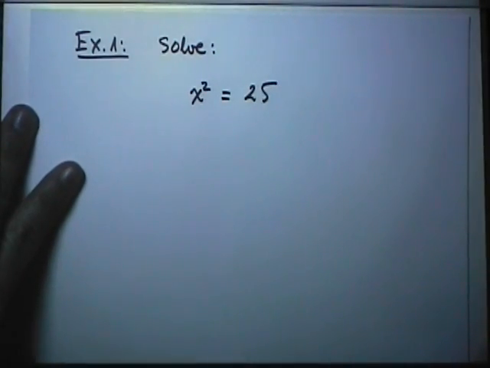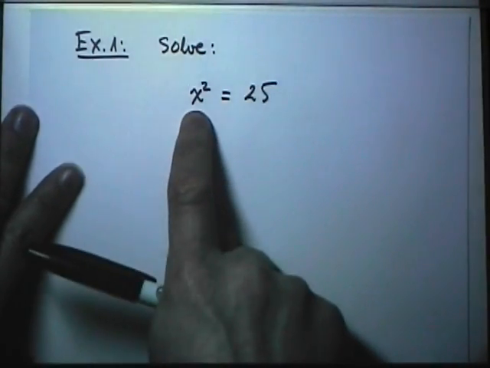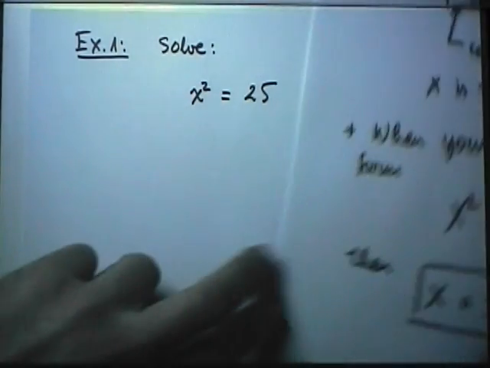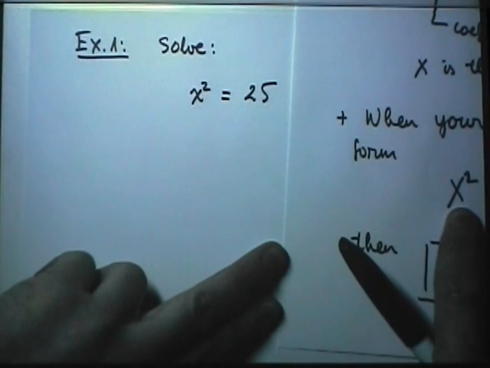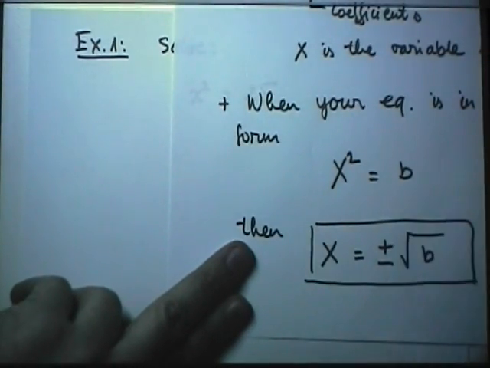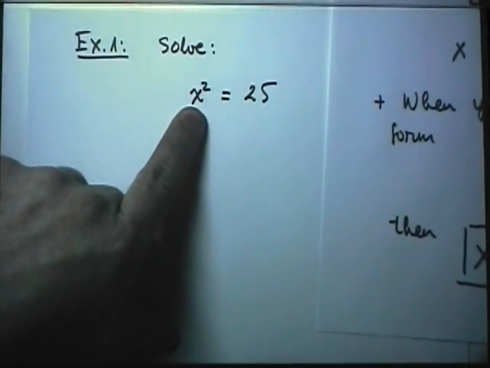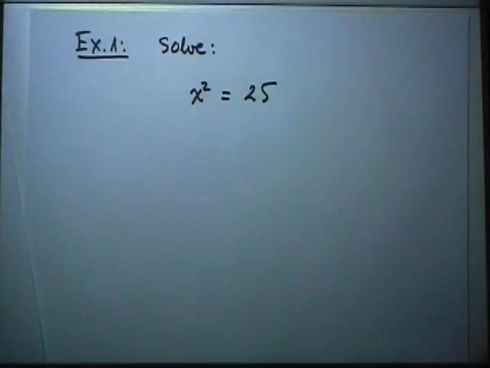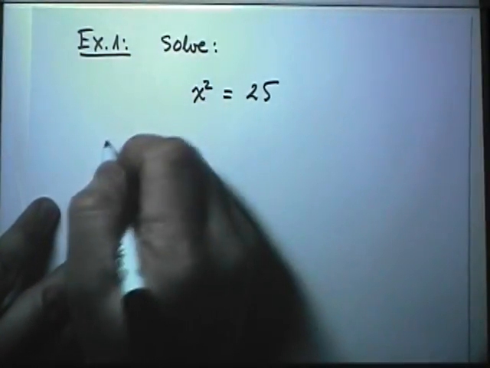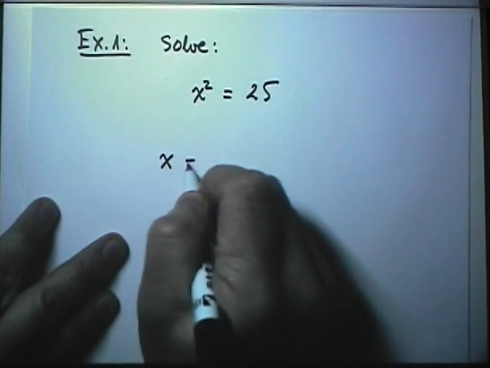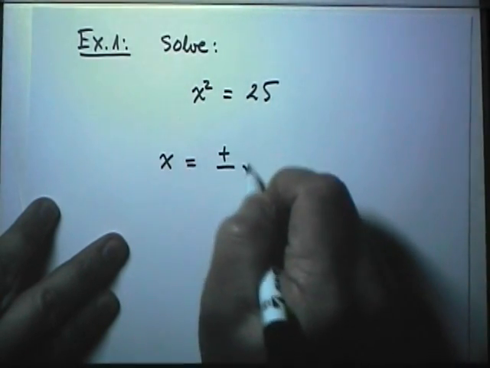This equation is in the form of simply a square on one side and a number on the opposite side. So now I can just do x equals plus and minus the square root of 25.